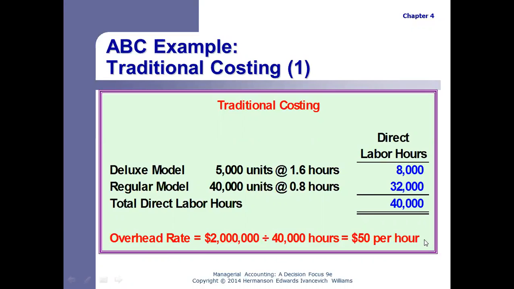So if a job or a model takes 10 hours, then we multiply 10 times the 50 per hour. So we're going to charge an extra $500 to cover the overhead, in addition to the direct materials and direct labor, which those two can be traced directly to the model, to the products.